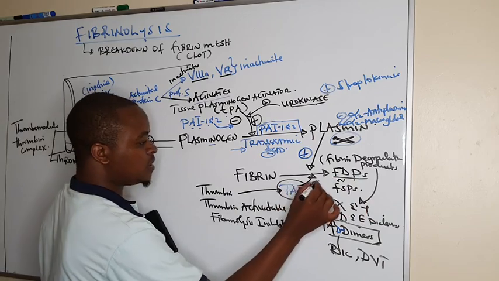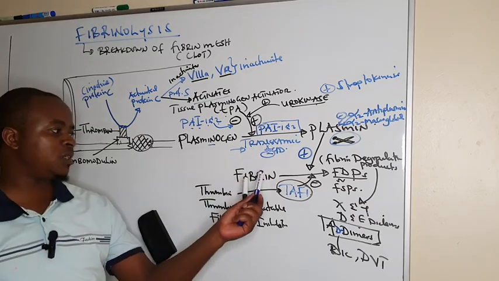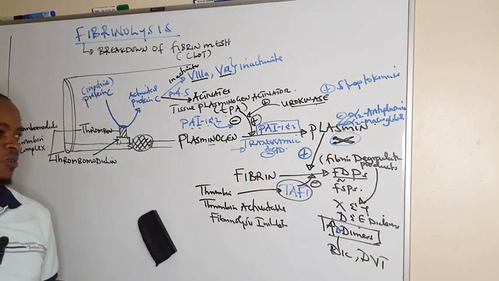It inhibits the formation of FDPs by stopping the conversion of fibrin to fibrin degradation products.